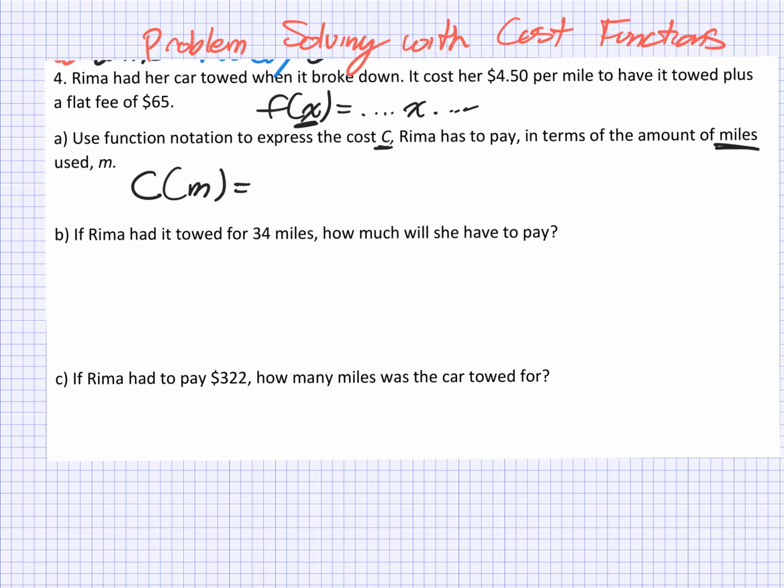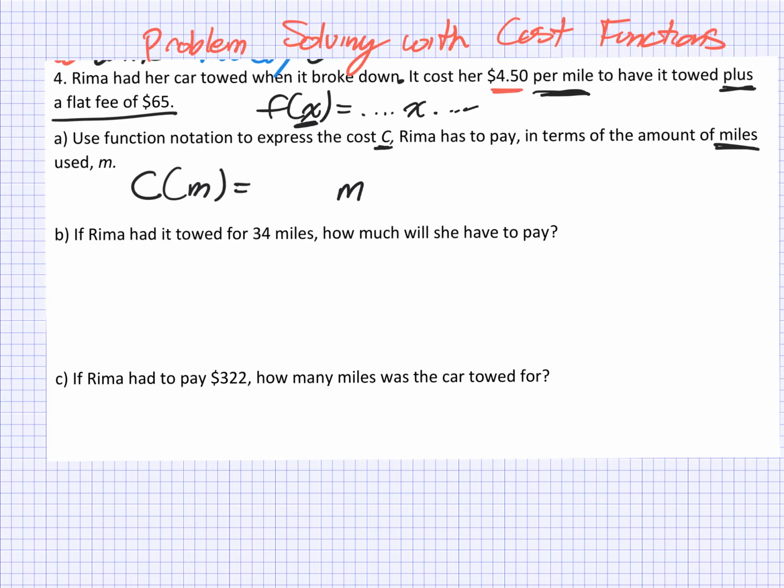Now what's important is actually building this. Rima had her car towed when it broke down. Unfortunate, but not important for building our equation. The second sentence gives us her cost: it costs her $4.50 per mile to have it towed, plus a flat fee of $65. So let's start with that. Per mile, we know that we're going to have the variable m.